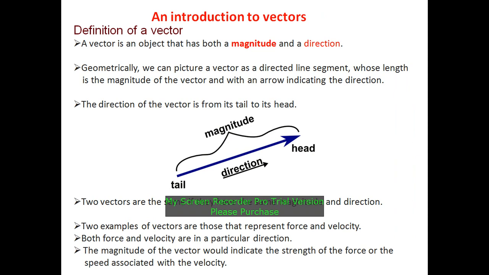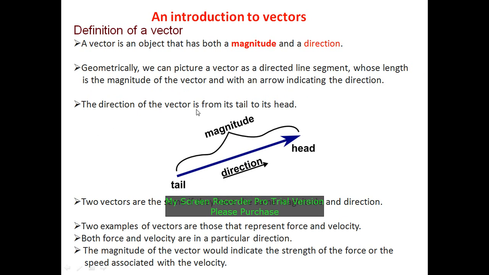So now, introduction of vector. What is the definition or basic concept? A vector is an object that has both magnitude and direction. So both are important. Geometrically we can picture a vector as a directed line segment whose length is the magnitude of the vector, with an arrow indicating the direction.